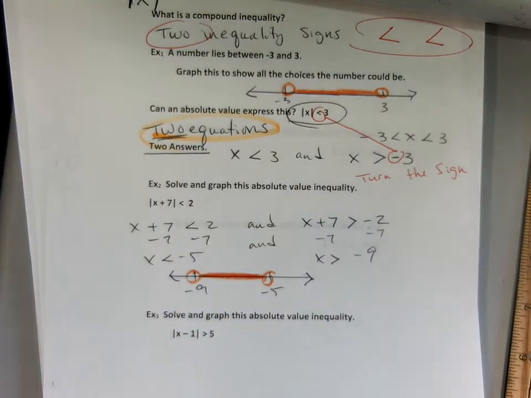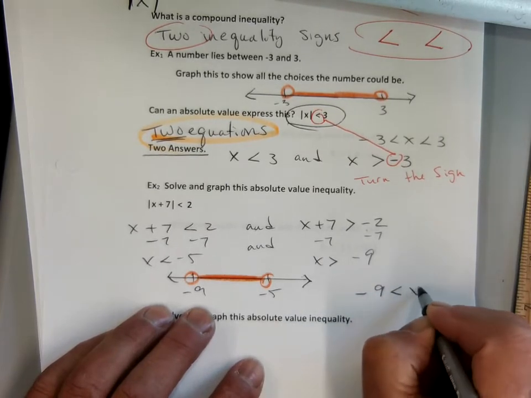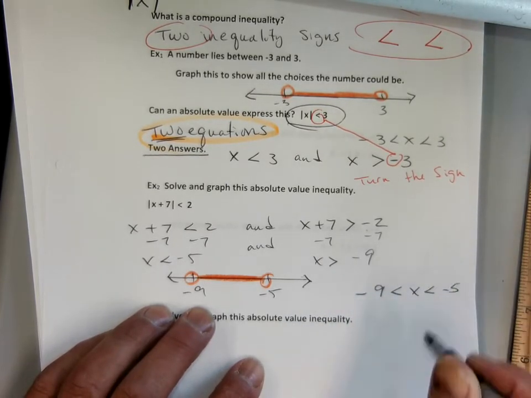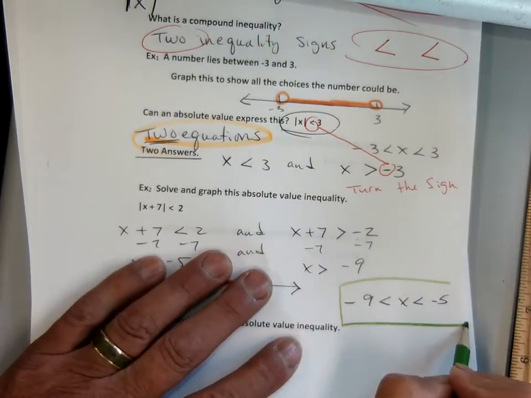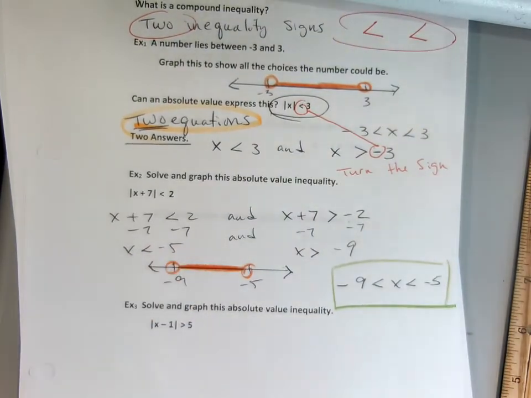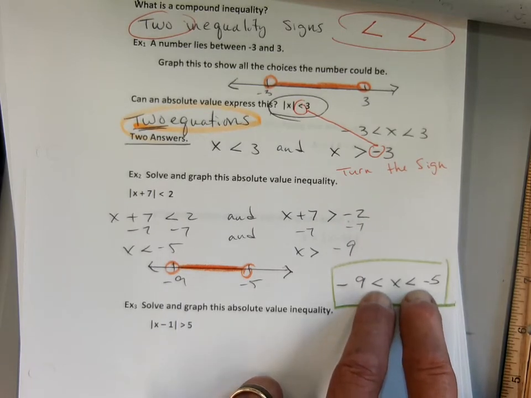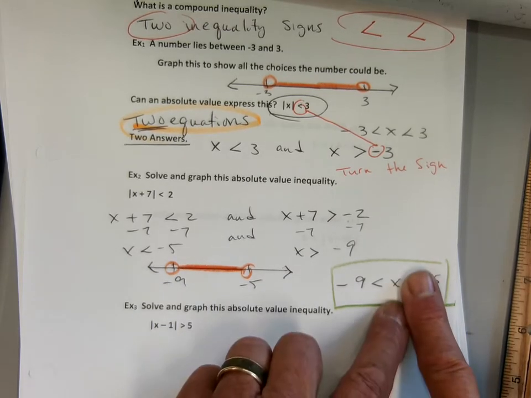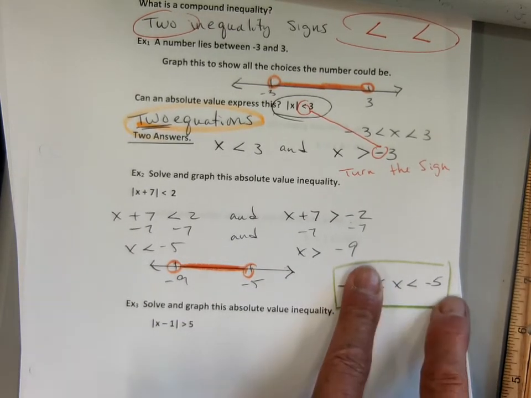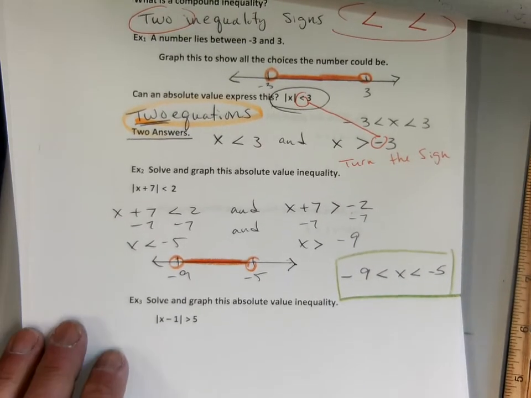If I want to write the answer as a compound inequality, I'm going to rewrite it like this. That is the answer I like. And again, the signs point the same direction. They're pointing to the left because I'm shading in between. And I can read it. It does say x is greater than negative 9. X is less than negative 5. Thumbs up? Good.